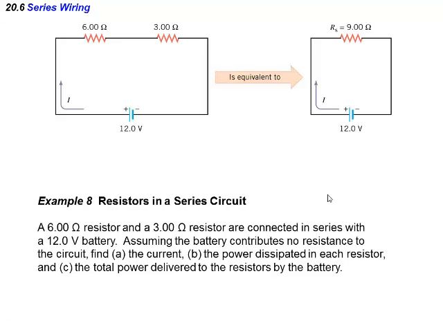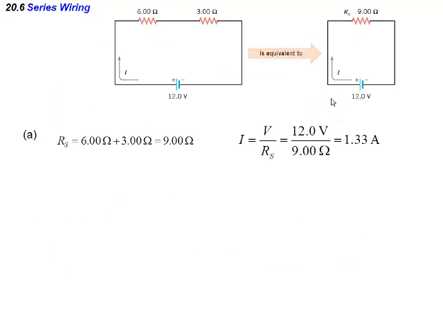For example, 2 resistors in series, 9 ohms total, 12 volts. We want to calculate the current, the power in each, and the total power. So the total resistance is 9, which makes our total current 12 volts over 9 ohms.